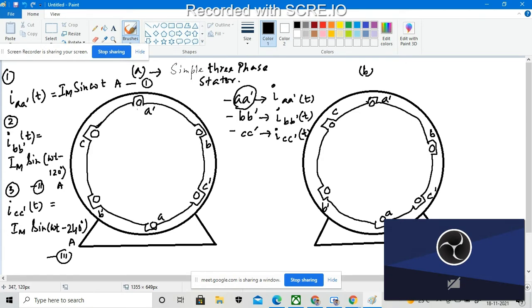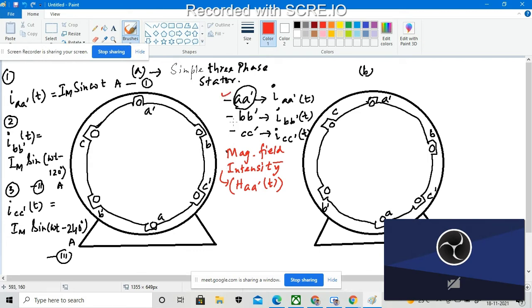Due to this flow of current, it will produce the magnetic field intensity, which will be defined by H of A dash at a certain instant of time. So the magnetic field intensity will be defined by this for the particular coil A dash.